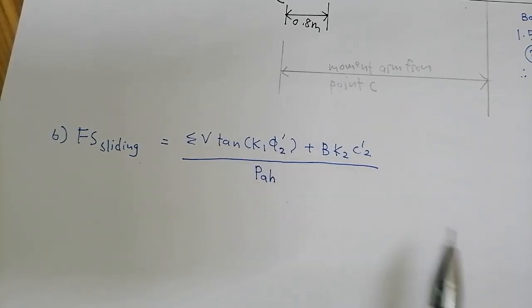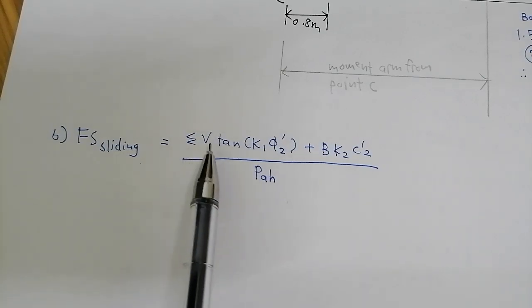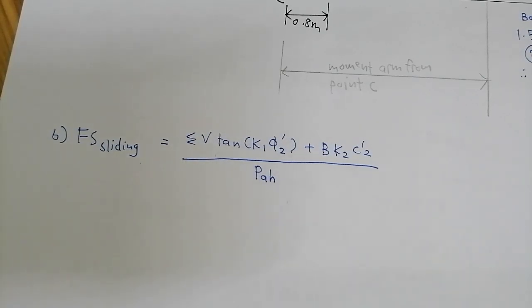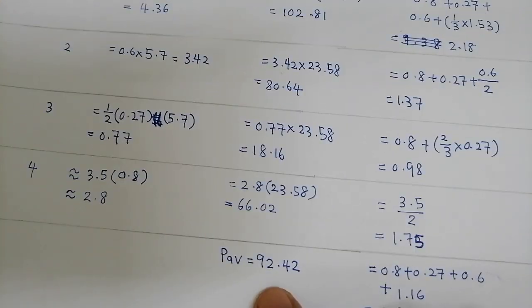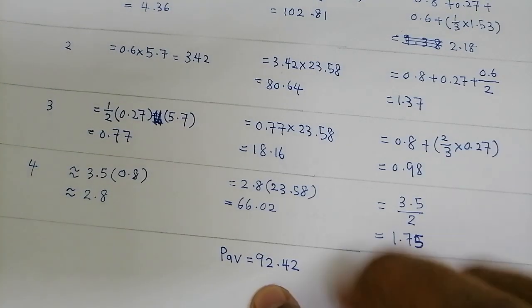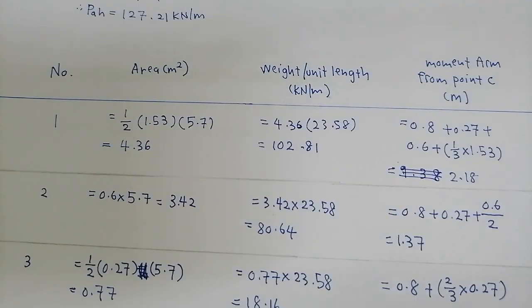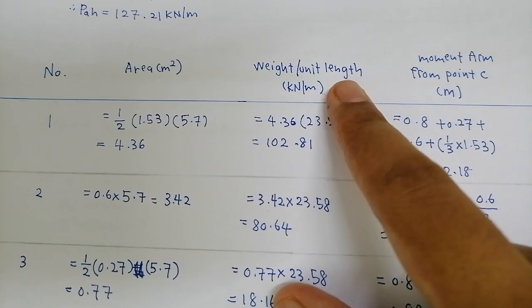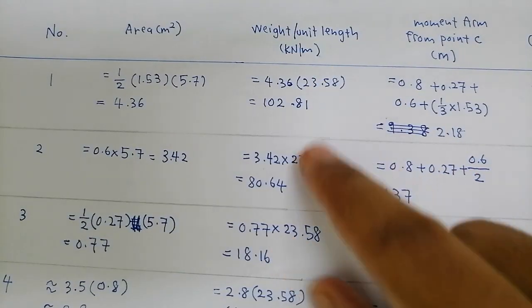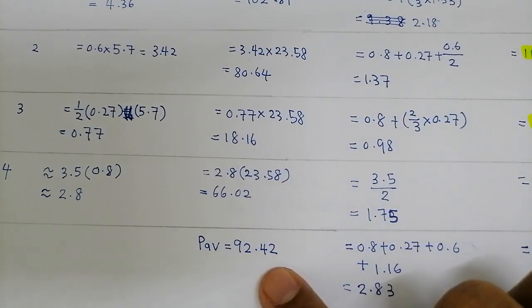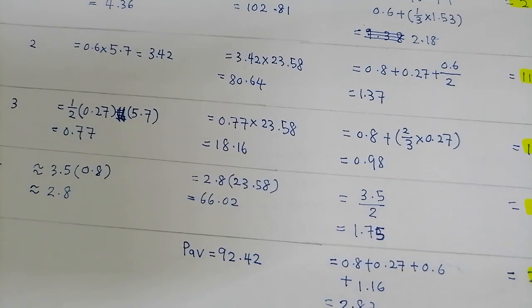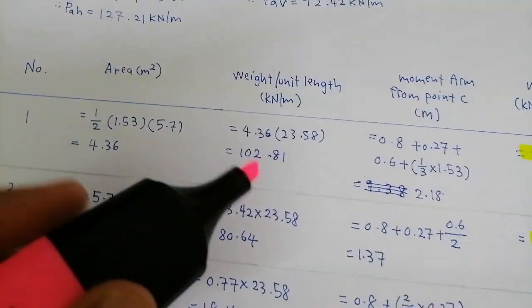But what are the numbers? The first one is summation V. We can get the value from our table, from column number 3. Basically you have to add all the numbers, 1, 2, 3, 4, 5. I'm going to highlight using a pink highlighter.